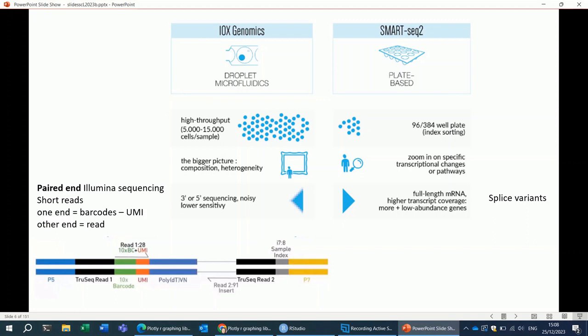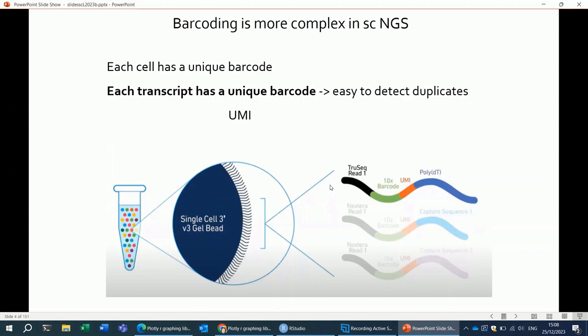Now, on the 5' end, your transcript will typically contain this sequence that comes from the surface of the bead. So one sequence that you generate during your paired end sequencing will contain the barcode and the UMI sequence, and it will not contain a sequence from the transcript, only the barcode and the UMI.